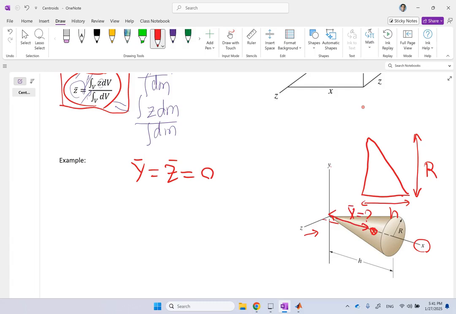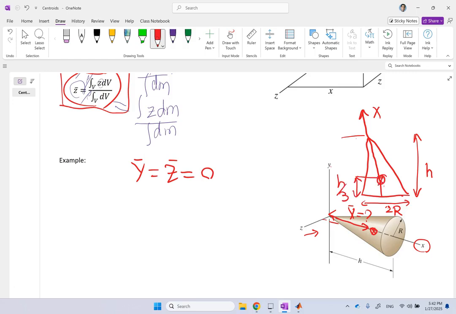And you might say, well, if you look in this z direction, this is your x-axis. And we know for a triangle, it's 1/3 from the bottom, 2/3 from the top. By the way, it seems like I made a mistake here. I'm sorry, this is h, that is 2r. So it's going to be 1/3 of this h. So it's going to be here, right? It's going to be there.